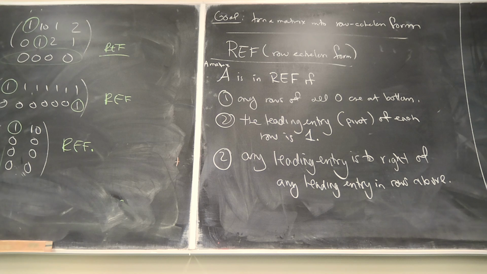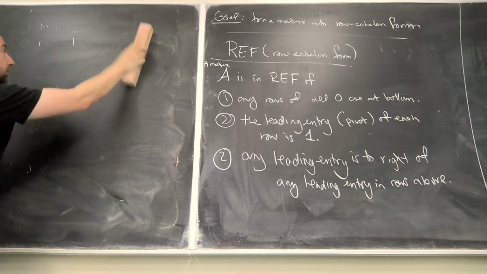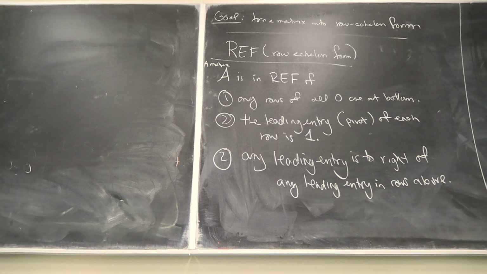If I want to go a little bit further, I can define something called reduced row echelon form. If you have a TI-83 or 84 and you've ever solved a system using the RREF command, this is what the RREF command is about. All right, I'm going to erase these.